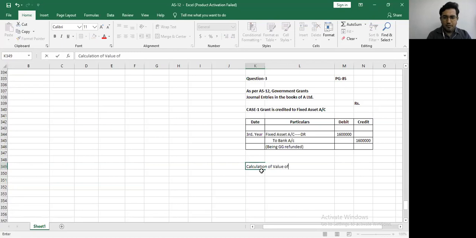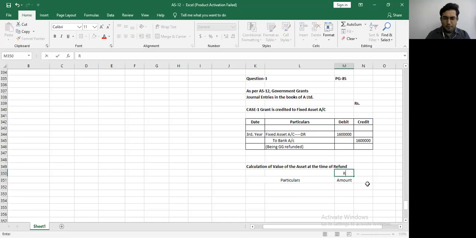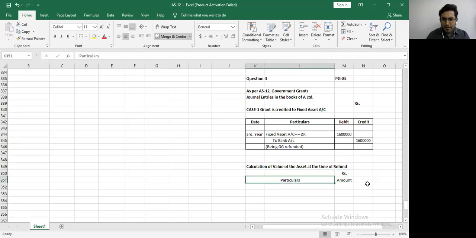Calculation of value of the asset at the time of refund. Okay. All amounts should be in rupees. So let me make a proper format.